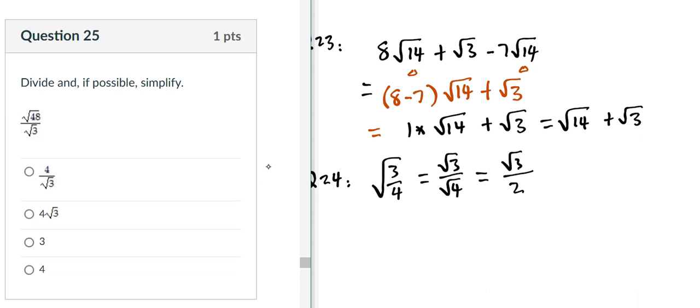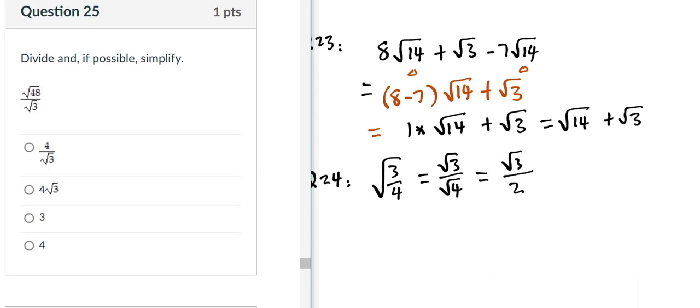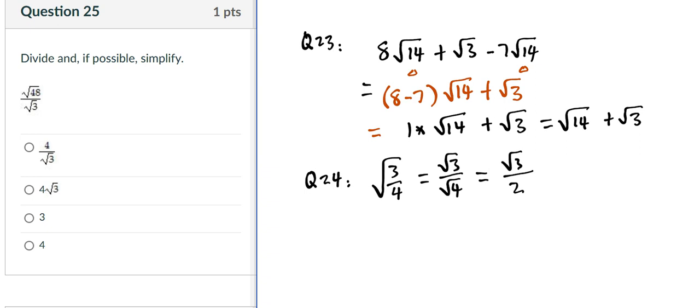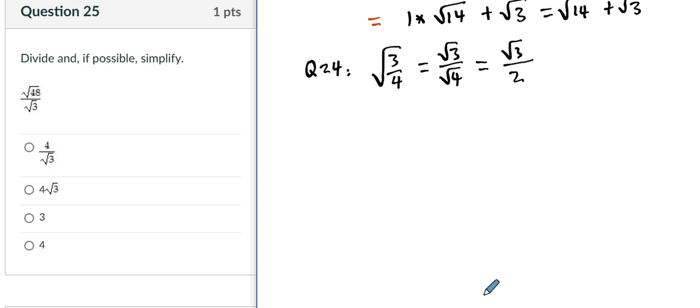Okay. Now, for 25, you have different approaches for that. What you may do is radical 48 over radical 3.